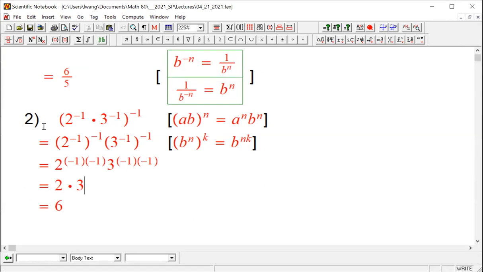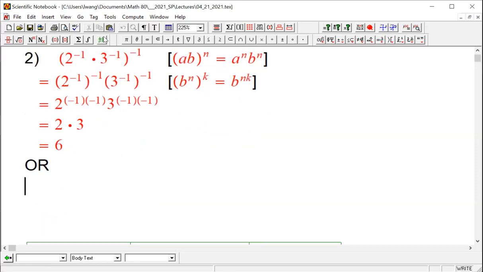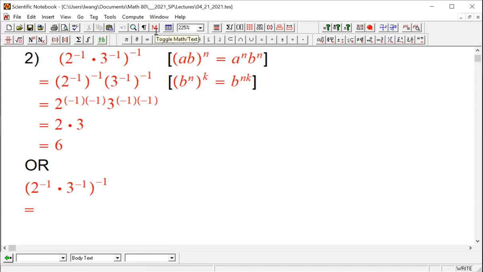But I do want to mention there's another way to do it. If you don't apply these rules directly, you could do the following. You can put an equal sign here, and inside you're going to have a half and a third.